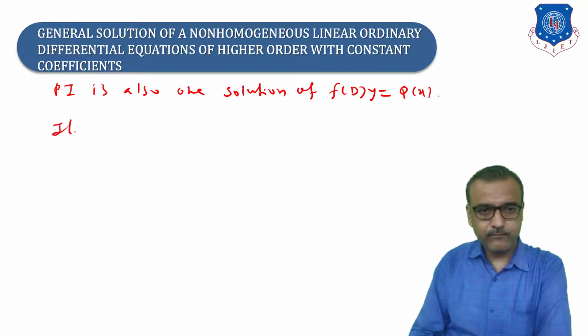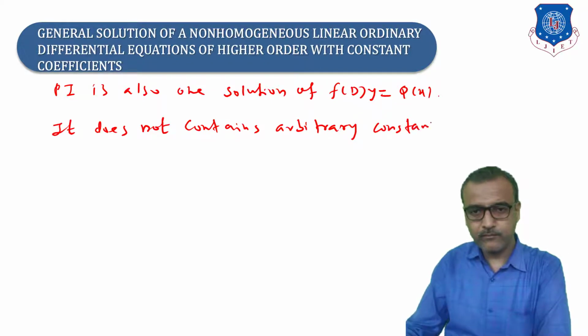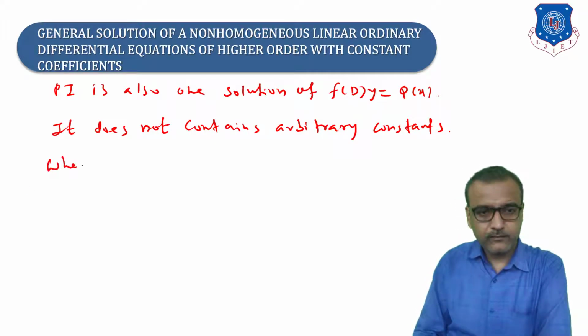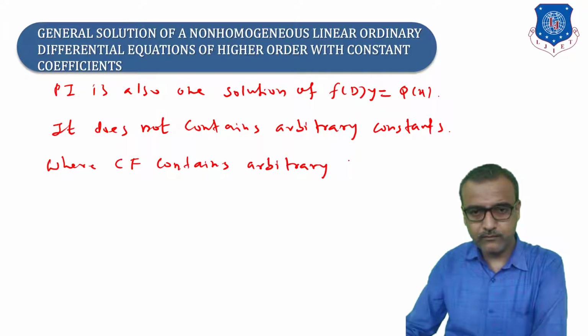It does not contain arbitrary constants, whereas CF contains arbitrary constants.